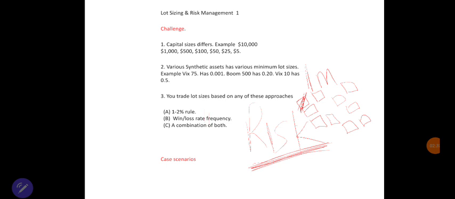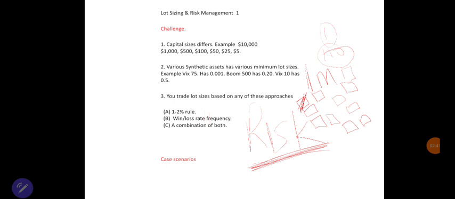I can divide it into 1,000 places, so for every trade I take, I'm risking 10,000 naira. I can divide it into 1 million places, so for every trade I take, I'm risking 1 naira. That is just the concept.